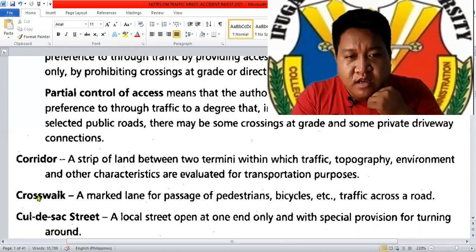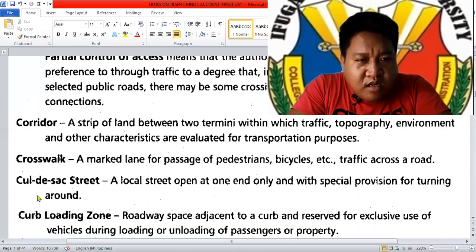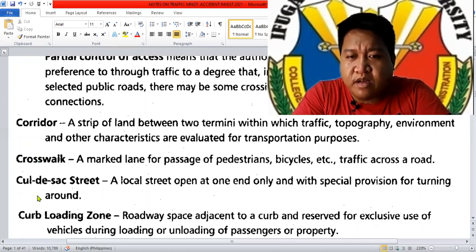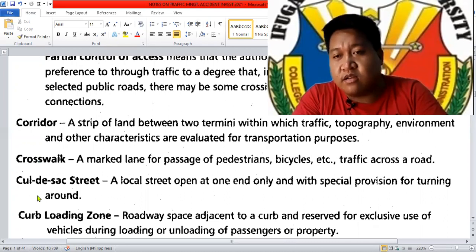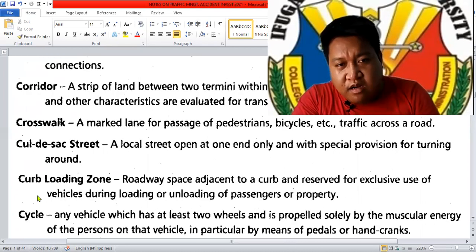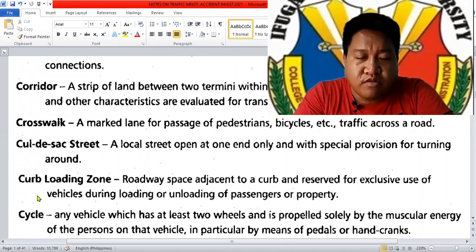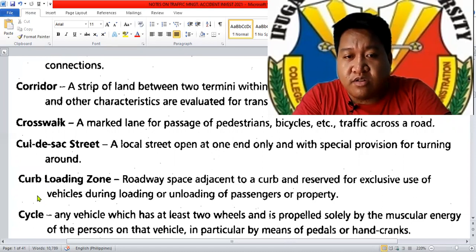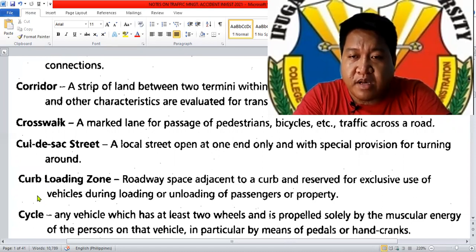Okay? Another term is cul-de-sac street. Cul-de-sac. This is a local street open at one end only, with special provision for turning around. Then curb loading zone. This is a roadway space adjacent to a curb and reserved for exclusive use of vehicles during loading or unloading of passengers.